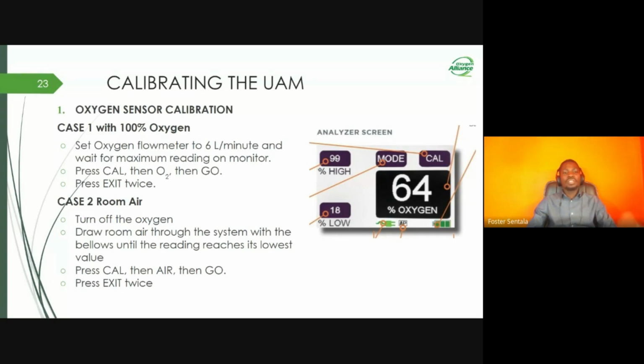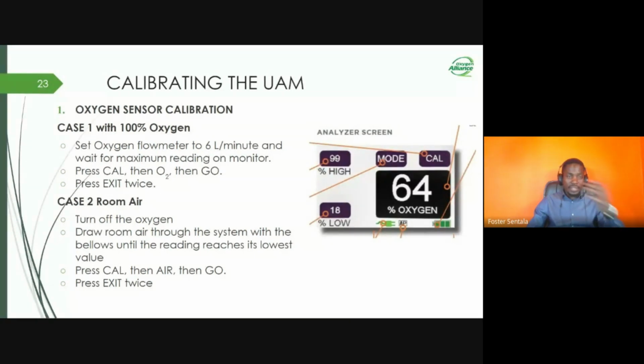You turn off the oxygen flow, and then let room air get drawn into the machine using the manual bellows, as I earlier stated, during manual ventilation. Then you click calibrate, choose air in this case, then click on go. After calibration is done, to exit, you click the exit button twice. That is how you calibrate the oxygen sensor.